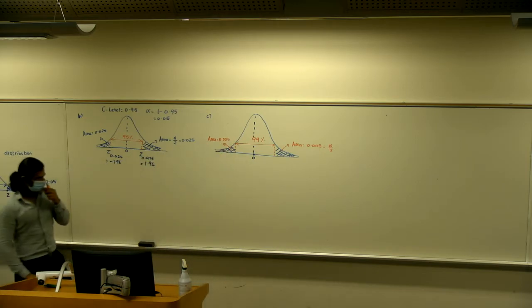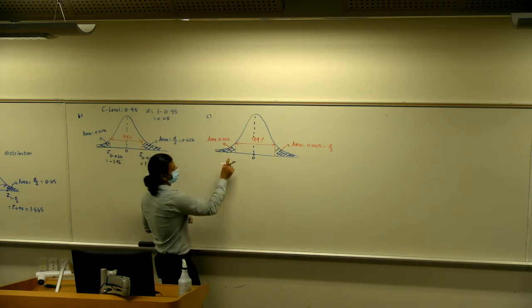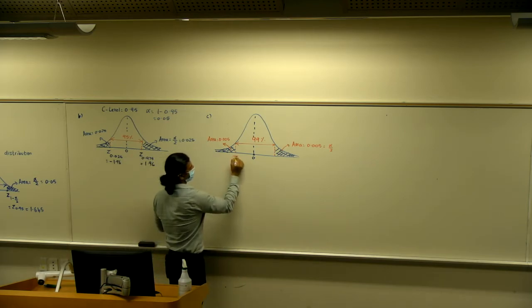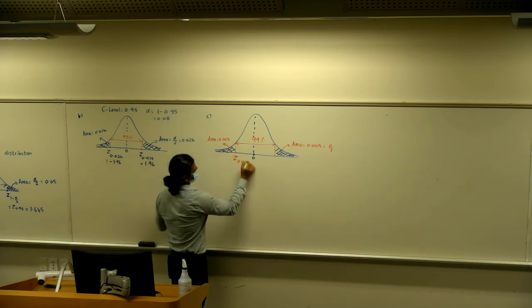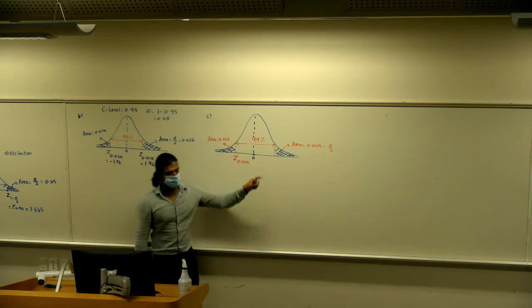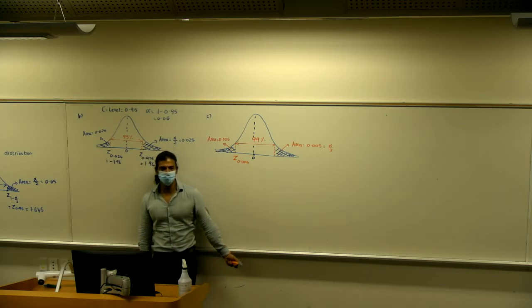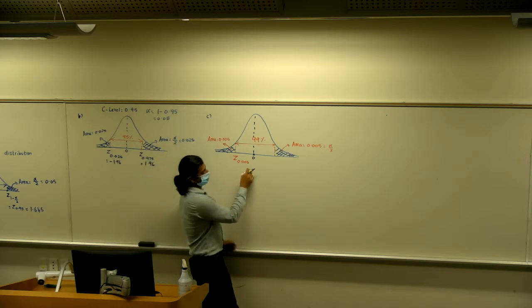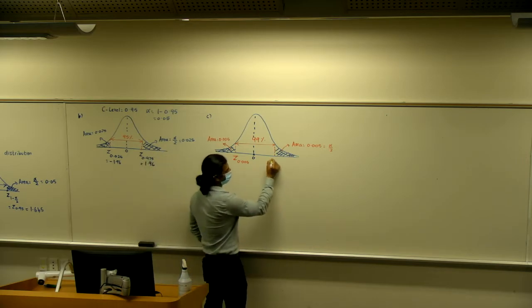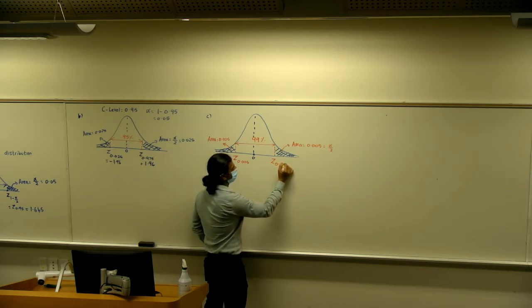As a notation, over here, it would be z sub 0.005, and on the other side, it would be 1 minus 0.005, which is 0.995.